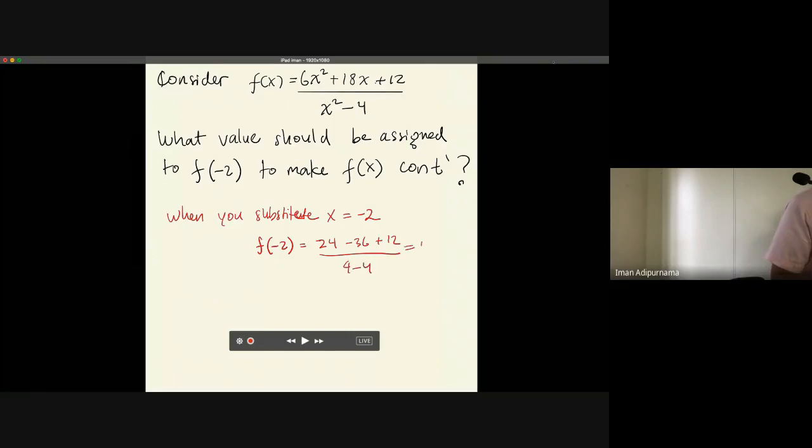It becomes 0 over 0, right? Like I told you before, the function here can be undefined and it can be defined.